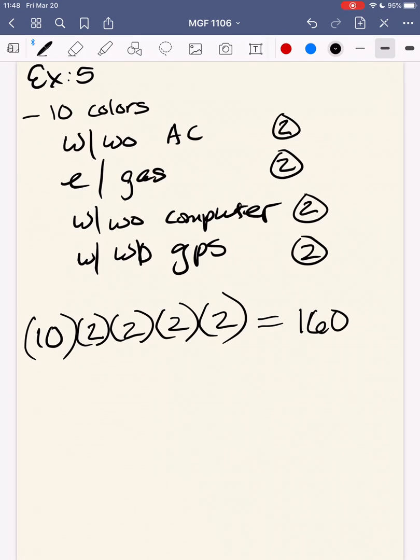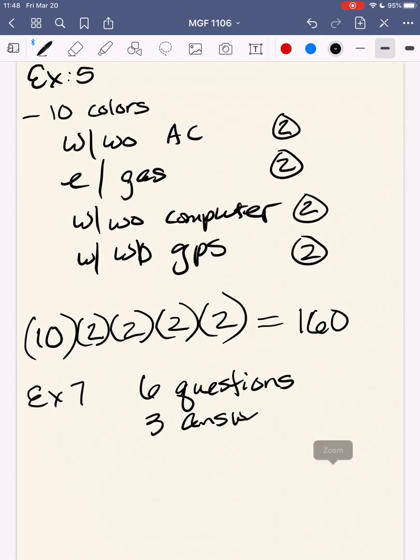I'm going to look at example 7 next. You are taking a multiple choice test that has 6 questions, and each of the questions has 3 answer choices, with only 1 correct answer per question.